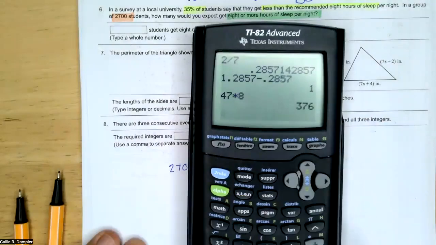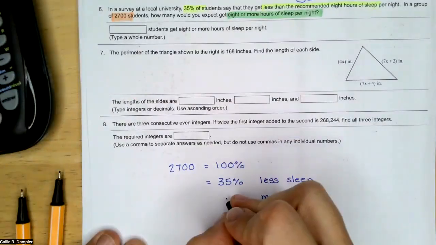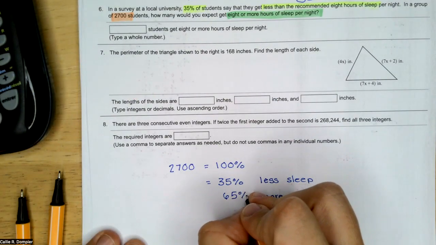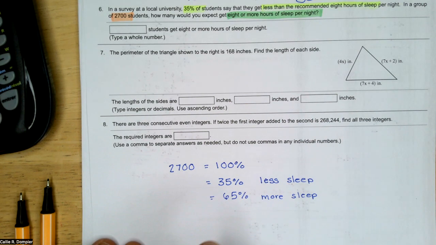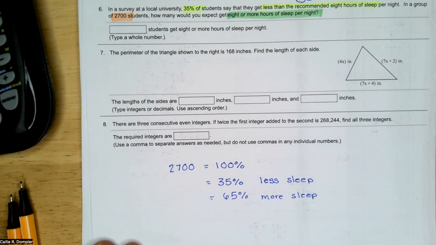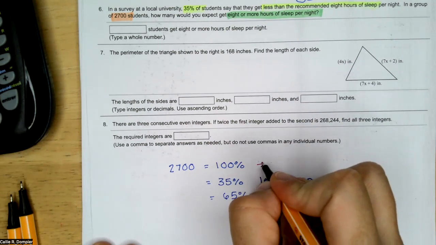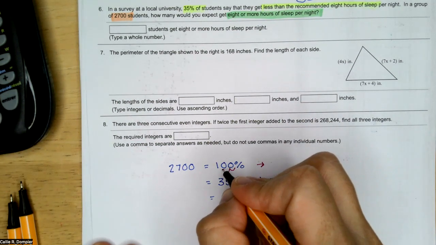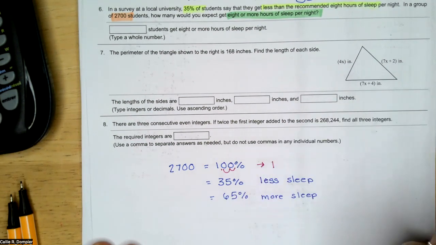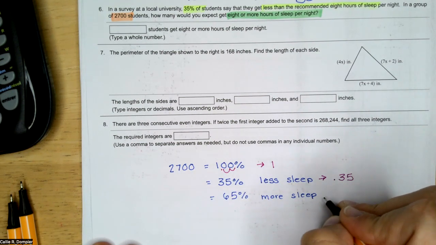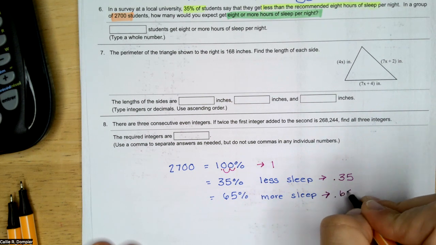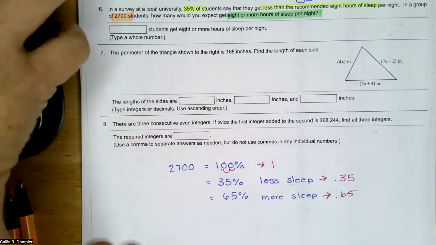So to get more sleep, we just take 100 minus that 35%, and we say 65% get more sleep. Okay. Remember, to turn that into a decimal, you just move the decimal place over. 35% becomes 0.35. 65% becomes 0.65.